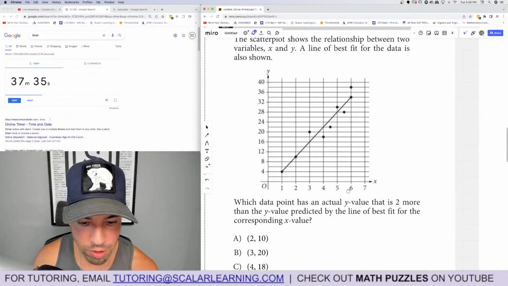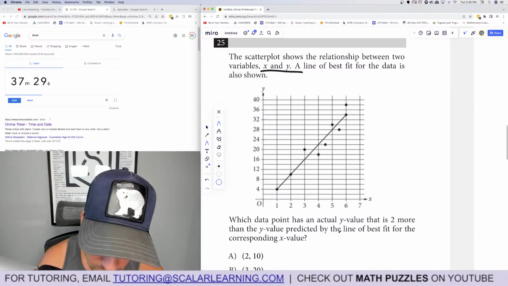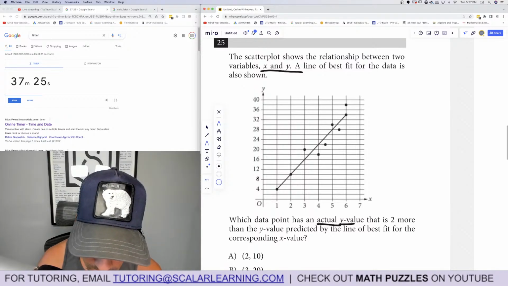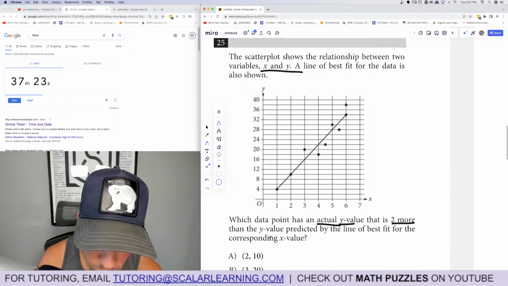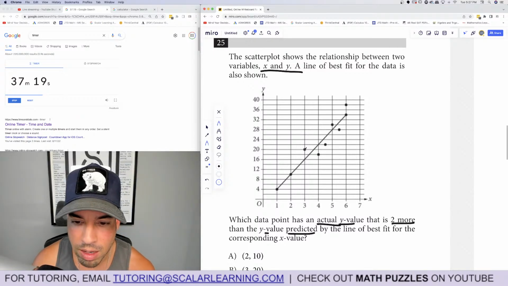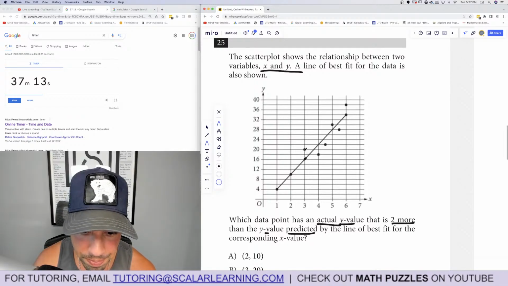25. Now we get into the toughest problems usually, in this 25 to 30. A scatter plot shows a relationship between two variables, x and y. A line of best fit is shown. Which data point has an actual value, meaning the little dots here, that is 2 more than the predicted value? So basically 2 above the line of best fit. That's right here, right? The line of best fit for 3 predicts 16, but instead it's 20.